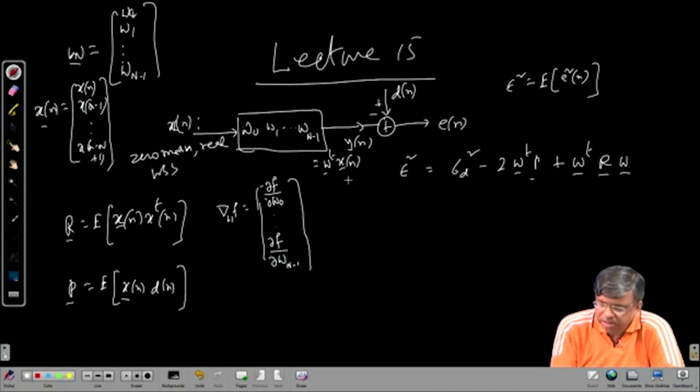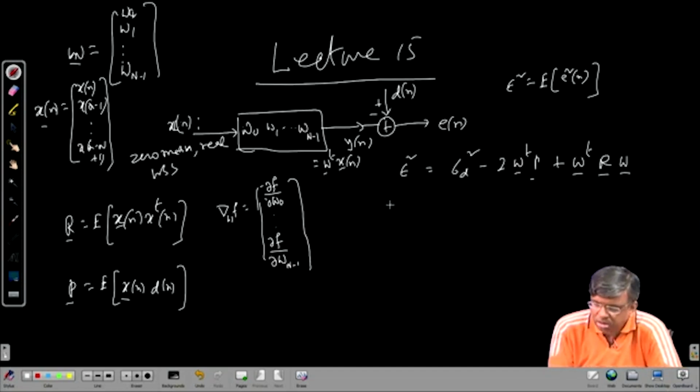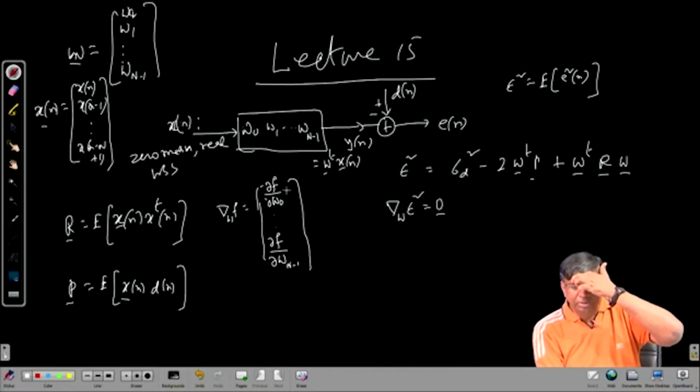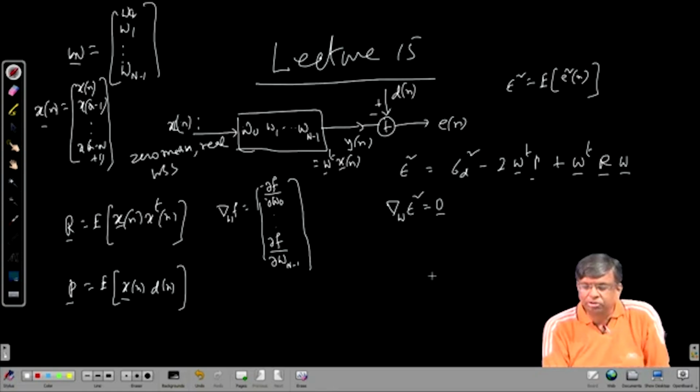So, each of the partial derivatives of epsilon square with respect to W0 through W n minus 1 will be 0. That means capital N partial derivatives equal to 0. Second order stuff differentiated will give rise to first order stuff, so I will have capital N first order linear equations, I solve them. That is my game plan.